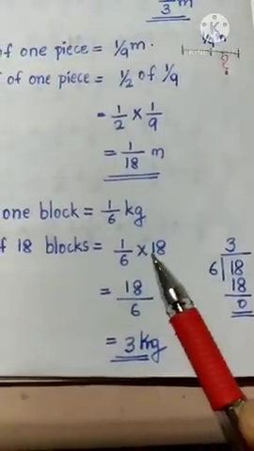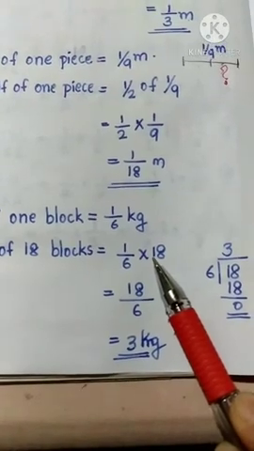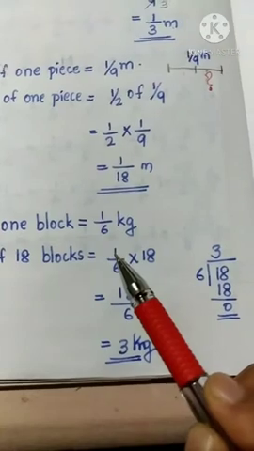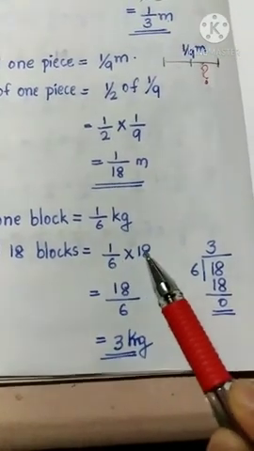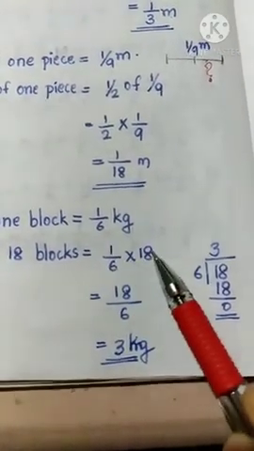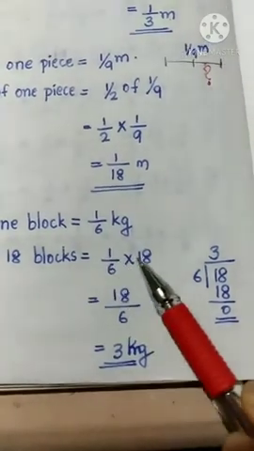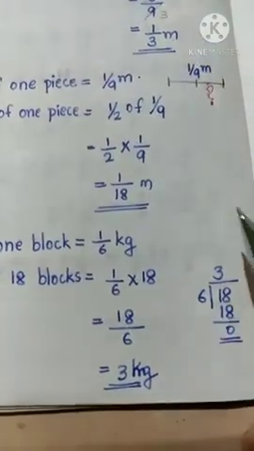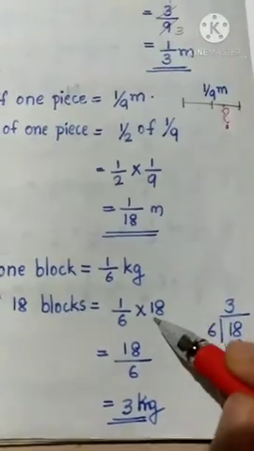Then the weight of 18 such blocks is equal to how much? 1 by 6 into 18. See, here 1 is in numerator and 18 is in numerator. So multiply these two numbers. 1 into 18 is 18 divided by 6. So imagine that here 1 is there.